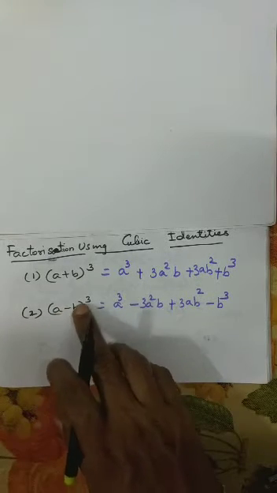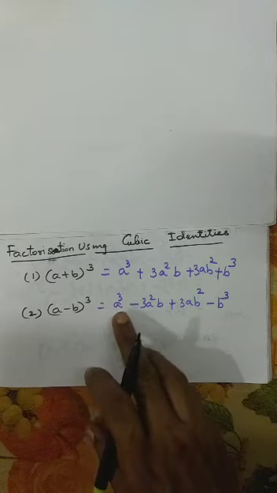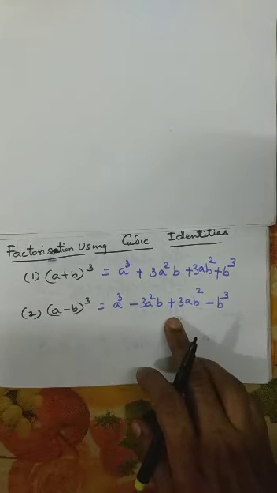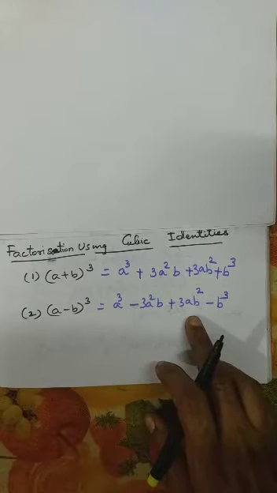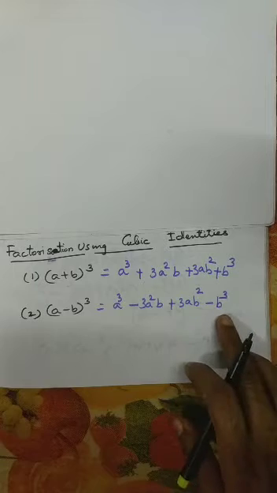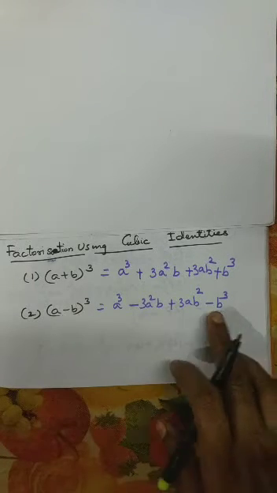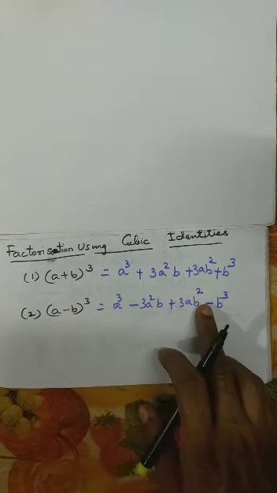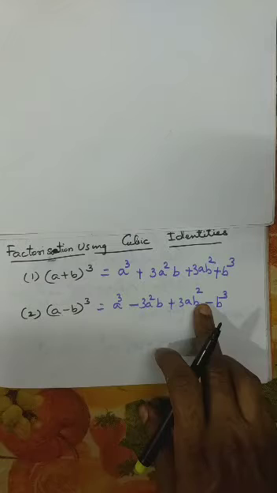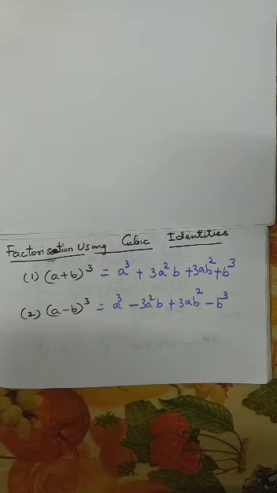Then (a - b) the whole cube is equal to a cube minus 3a square b plus 3ab square minus b cube. These are the identities we are going to use in the given problems. Okay. How to solve the problems using cubic identities we will see now.